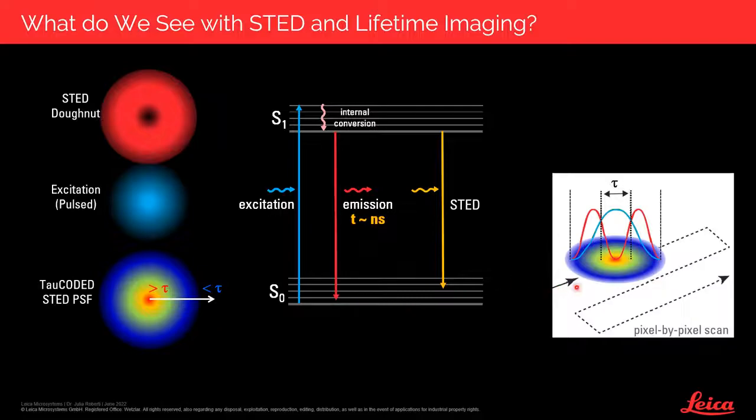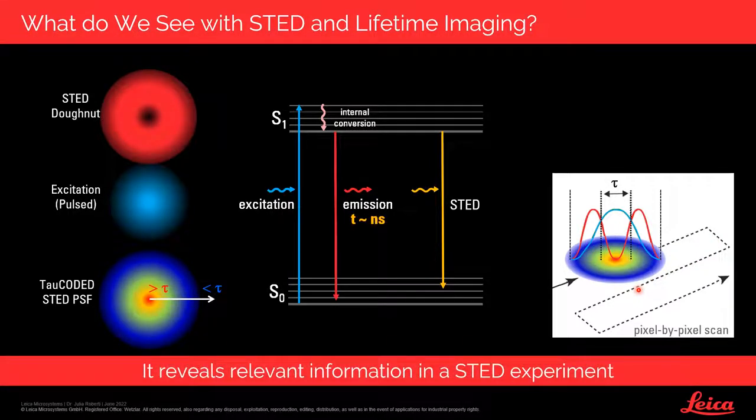And so this means that we can map the behavior of the STED effect along the scanning process in our scanning system, on a pixel by pixel basis. So having access to this lifetime information reveals relevant information for a STED experiment.